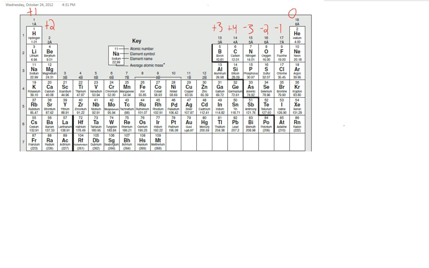We have a +3, +4, because these are all trying to lose electrons, which would give them a positive charge. And the nonmetals to the right here are trying to gain extra electrons, so they become negative. So -3, nitrogen has 5 electrons looking for 3, -2, -1, and the noble gases don't form any bonds, so 0 charge there.